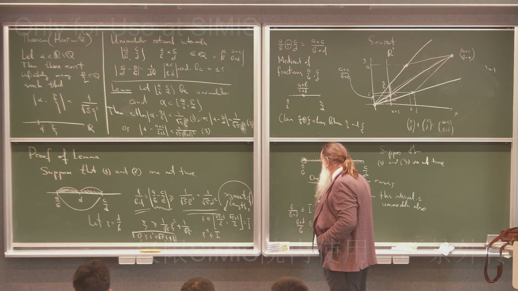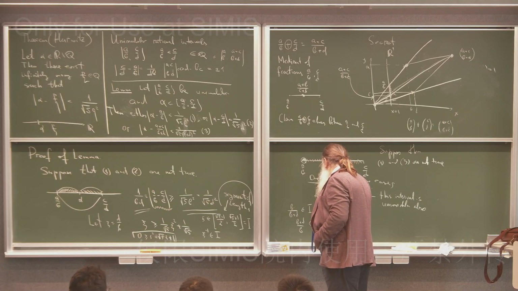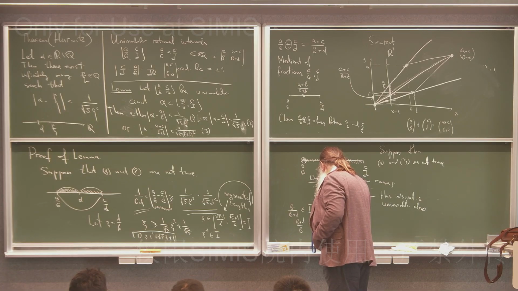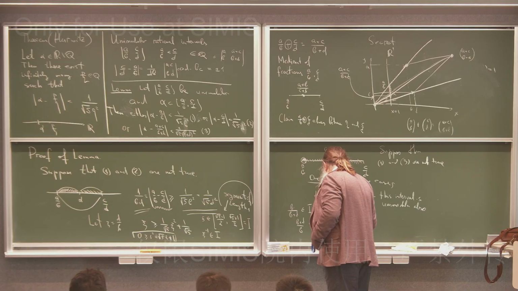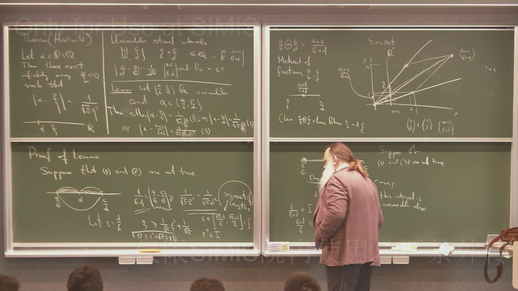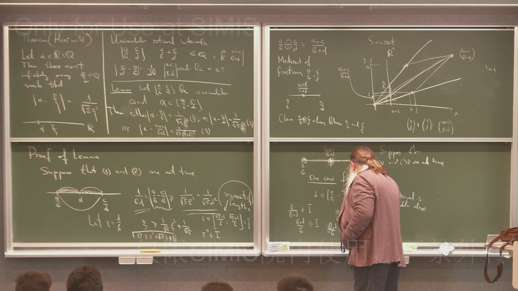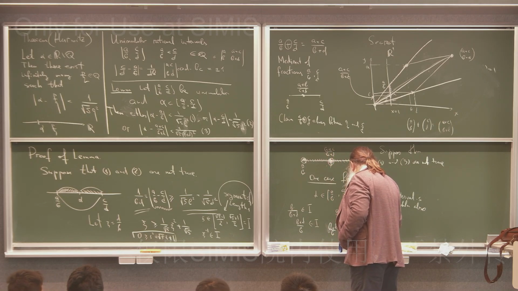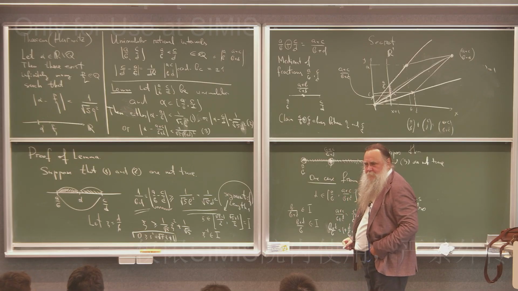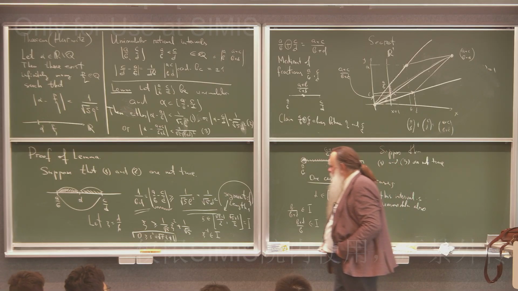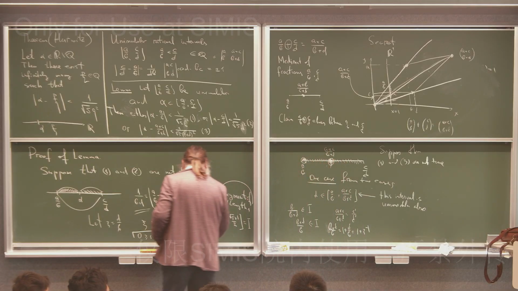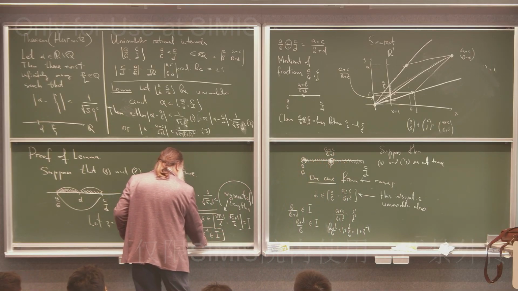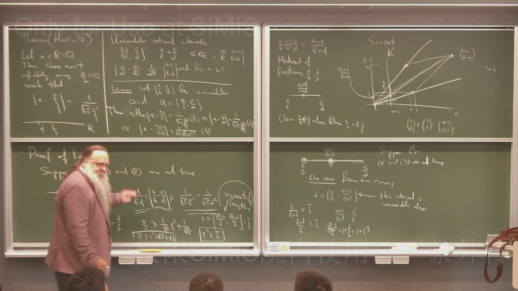But this B plus D over B is 1 plus D over B. It is 1 plus Xi minus 1. Agree? So Xi minus 1 belongs to this interval. We know it from this consideration.